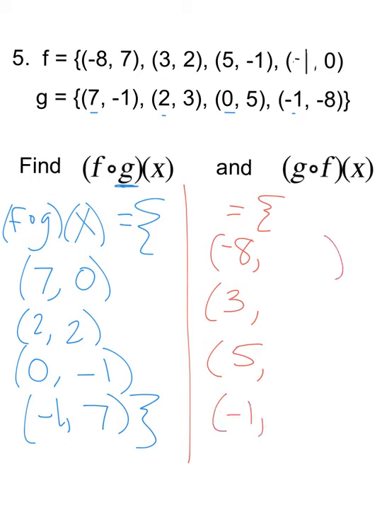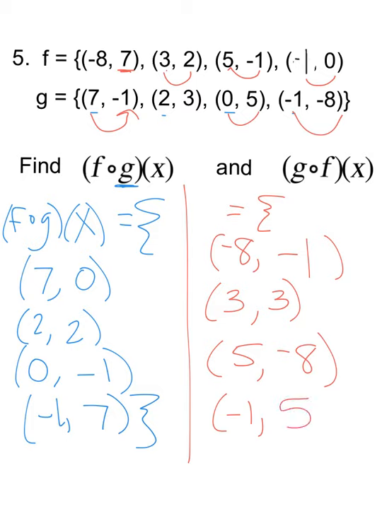All right, -8 gives me 7. Down here, 7 gives me -1. 3 gives me 2. 2 gives me 3. 5 gives me -1. -1 gives me -8. And -1 gives me 0. 0 gives me 5. That's it.